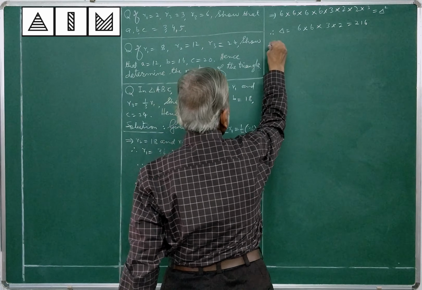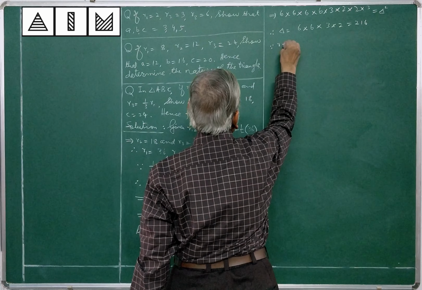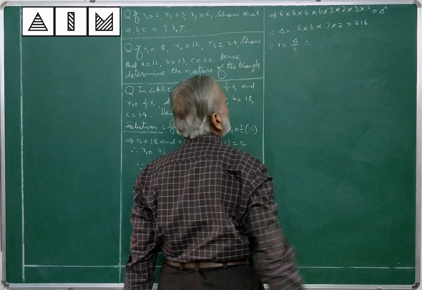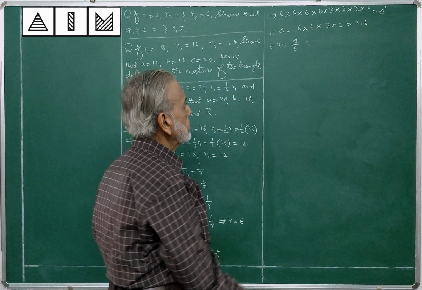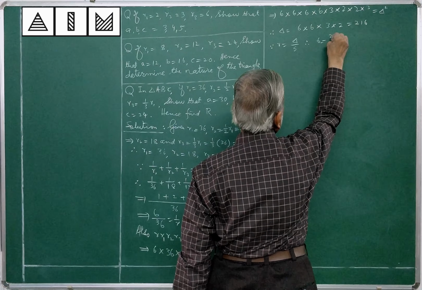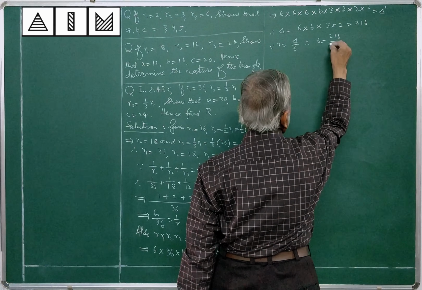We know one more formula, R is equal to delta by S. R is 6, delta is 216, S we have to find out.